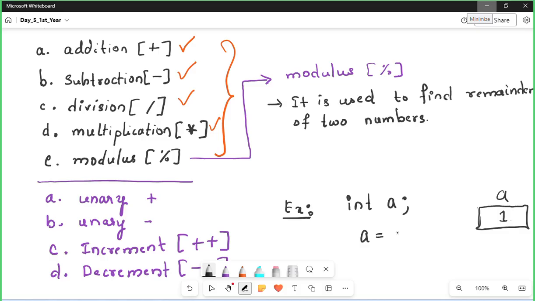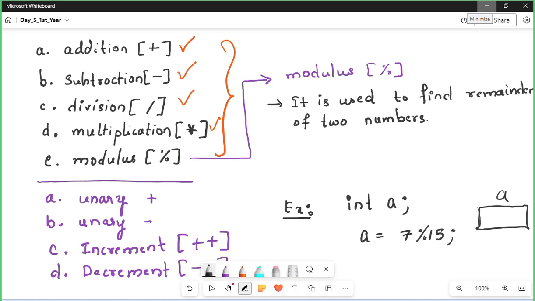Now let's take a value like 14 mod 3. If I do this, the remainder will obviously be 2. Now let's take another example, 7 mod 15.